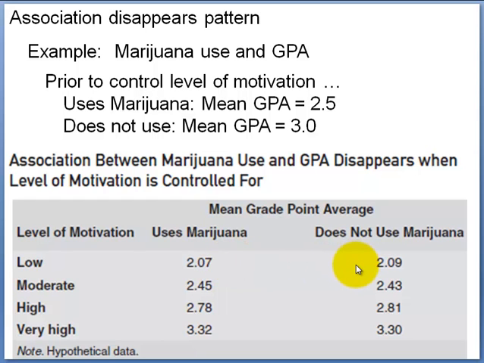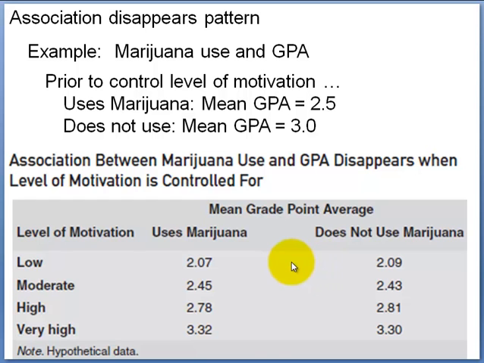I tried to make this look like real data by creating some differences. But the gist of the matter is that GPAs are very nearly the same among marijuana users and non-users. And this is the case within each of these four groups.